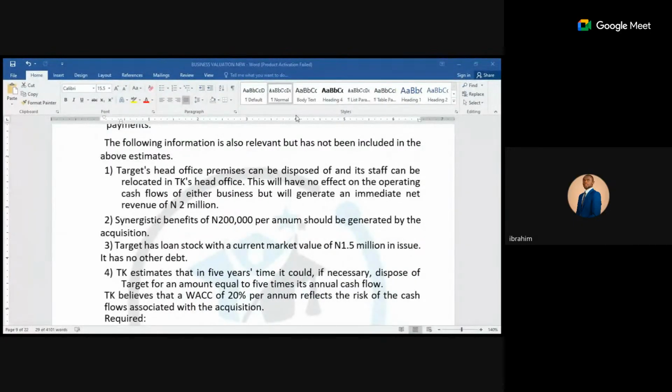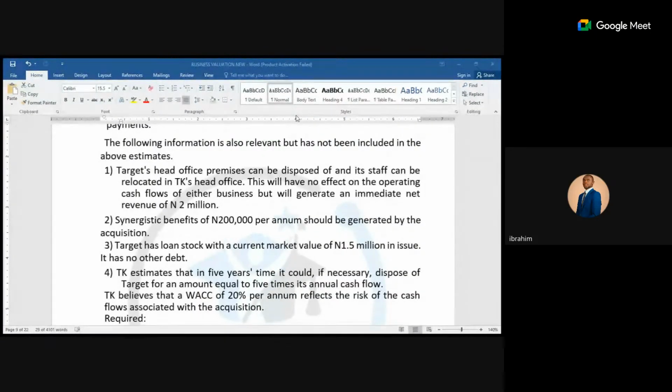Leave it to one side. It is not part of cash flow. Target has loan stock which has a current market value of 1.5 million. It is the company debt.